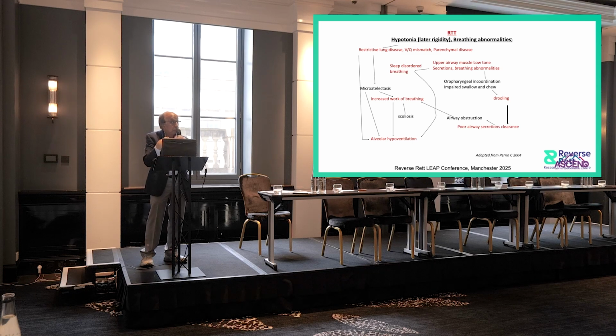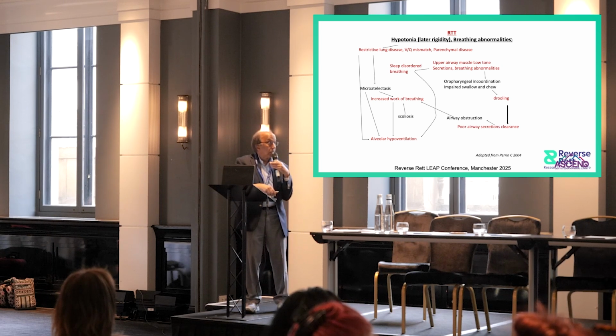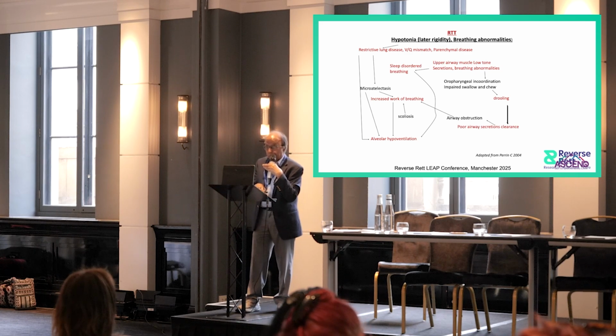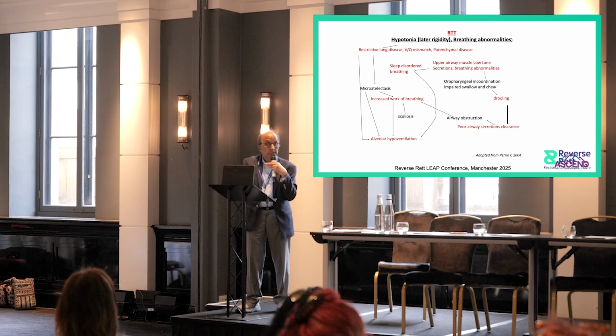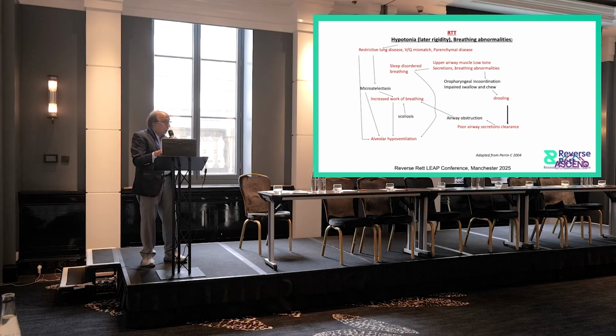At the same time, we have secretions collected there because your swallowing is not as normal, or rather reduced, during the sleep, and you have the breathing abnormalities, and all those things are going to contribute to the sleep disordered breathing, and then that is also contributing to the alveolar hypoventilation or the low ventilation perfusion. And then of course, if you have these secretions collected there because of the drooling, etc., they are going to collect in the airways, and they're going to cause the airway obstruction, again going to increase the work of breathing.